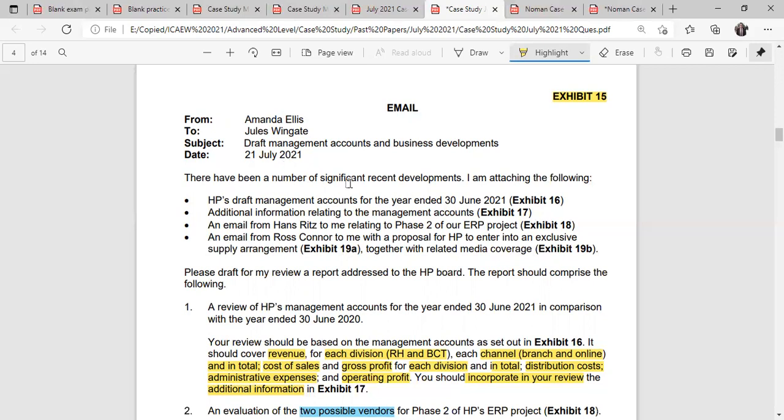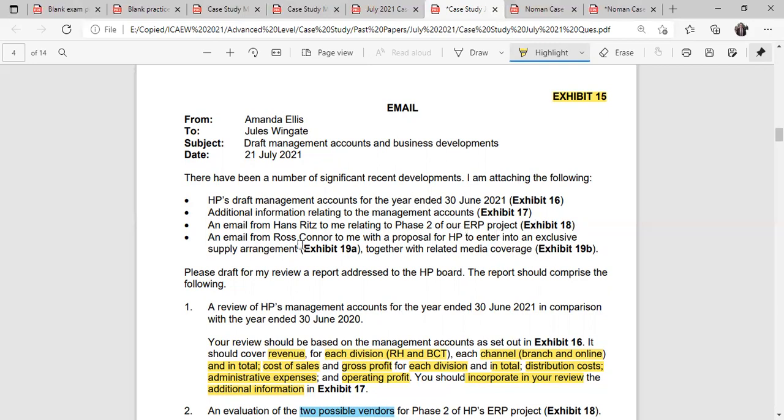There have been a number of significant recent developments. I am attaching the following. HP's draft management accounts for the year ended 30th June 2021, Exhibit 16. Additional information relating to management accounts, Exhibit 17. An email from Hans to me relating to phase 2 of our ERP project, Exhibit 18.